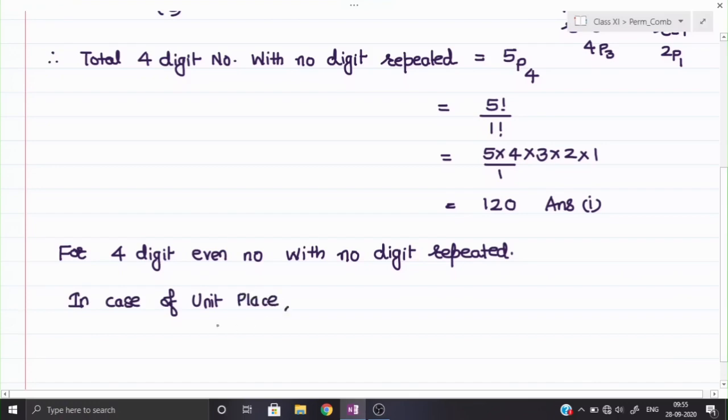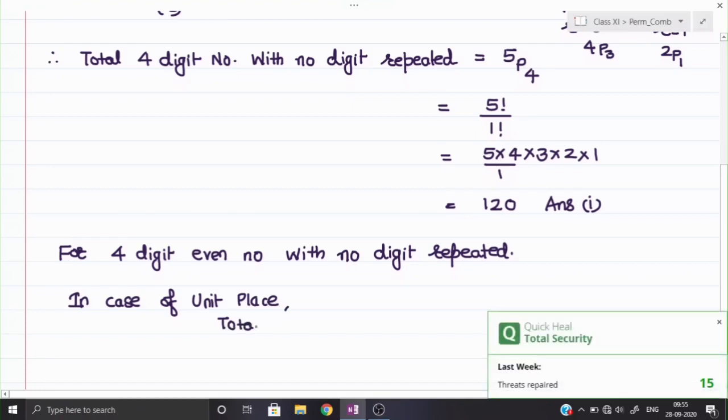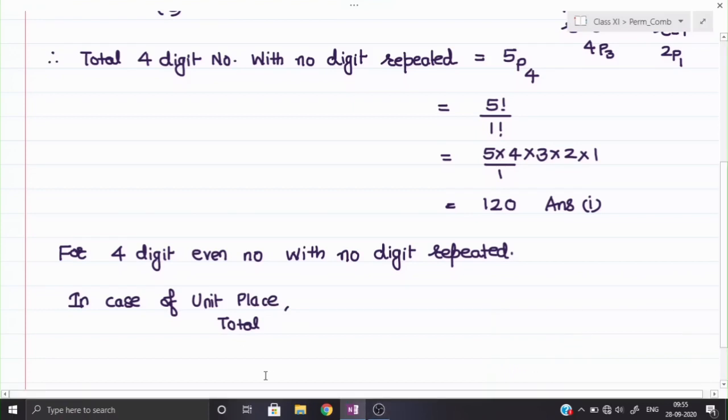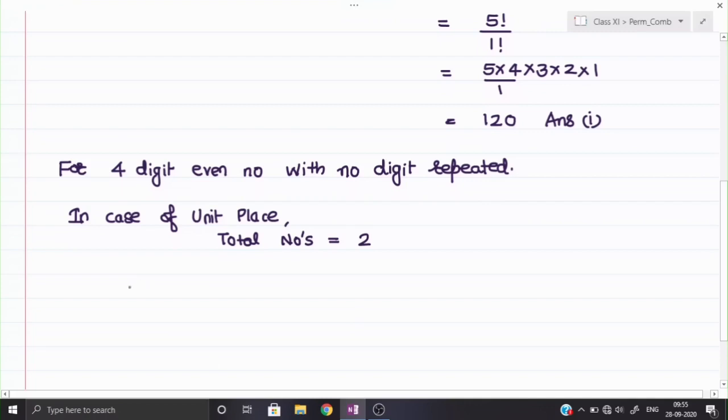In case of unit place, total numbers is equal to 2, and number of places required to arrange will be equal to 1.